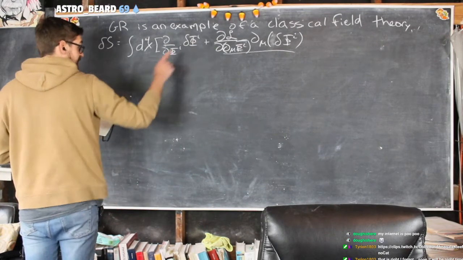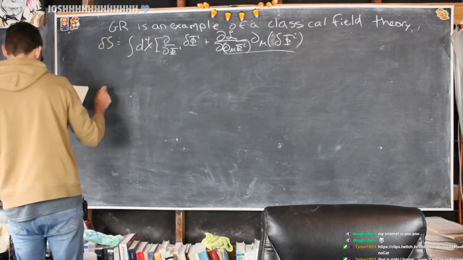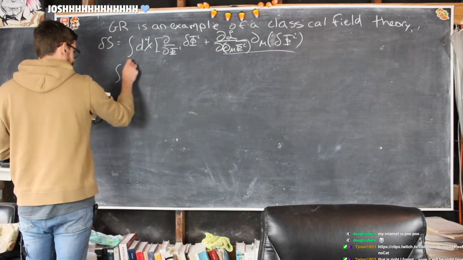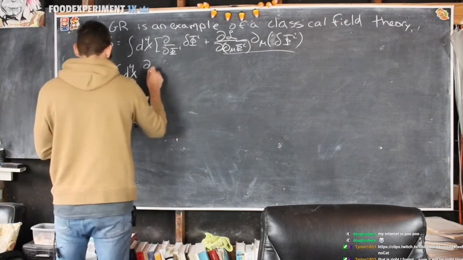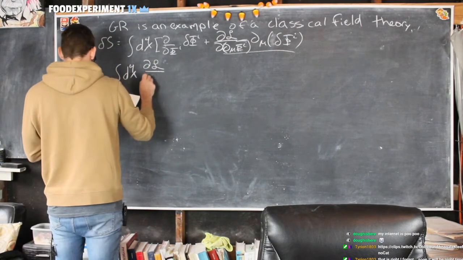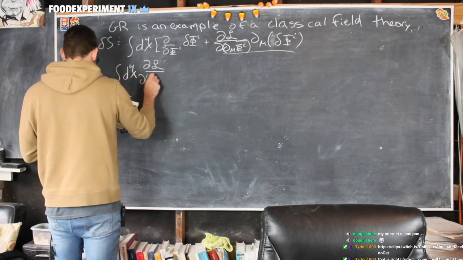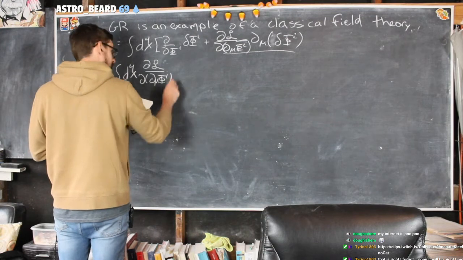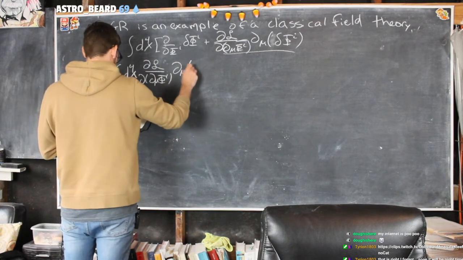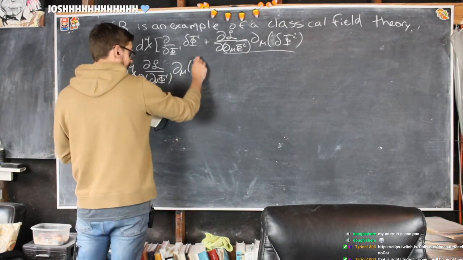But here's what this part looks like, okay? That's going to be the integral in 4 space of the derivative of the Lagrangian with respect to the derivative of the field, times the derivative of the variation of the field.